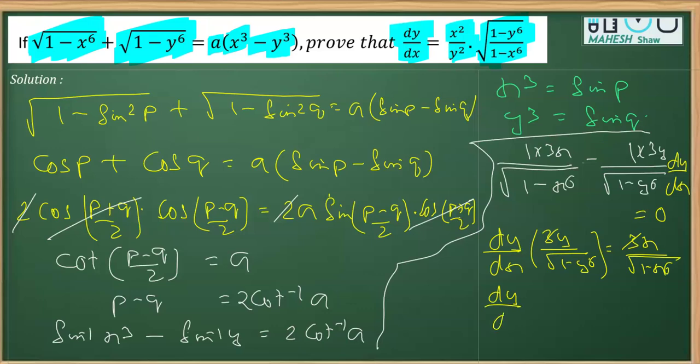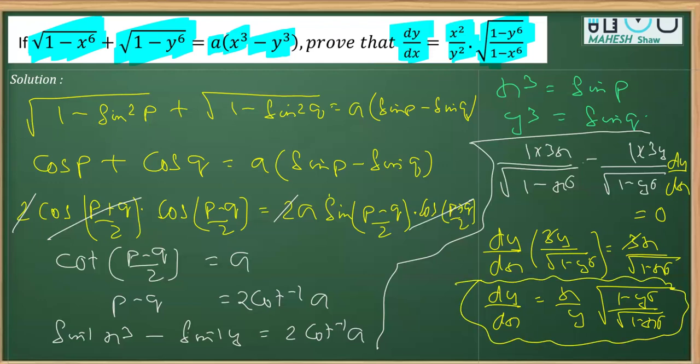In the final step, I isolate dy/dx by transposing, so there will be x²/y², and I can write in a single root as 1 minus y^6 going above and 1 minus x^6 below. This is what we needed to prove in this question.